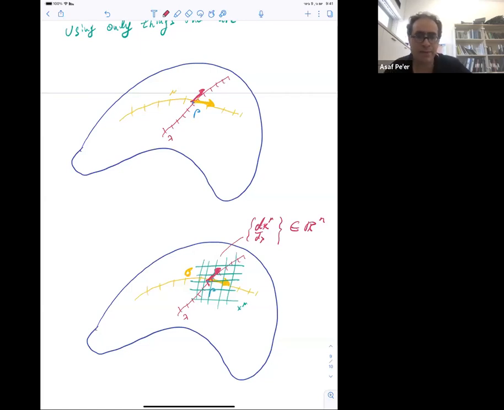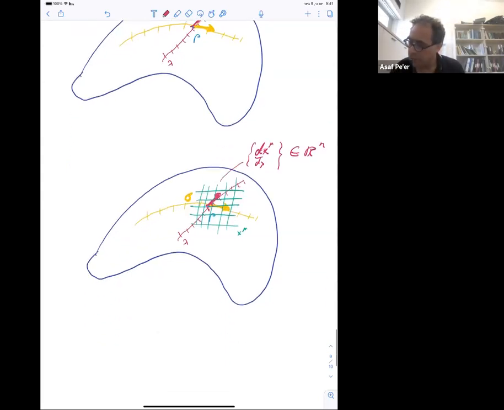I want something that specifies this vector in a coordinate independent way, something which does not require any coordinates. So the way to do it is the following. We're nearly there.